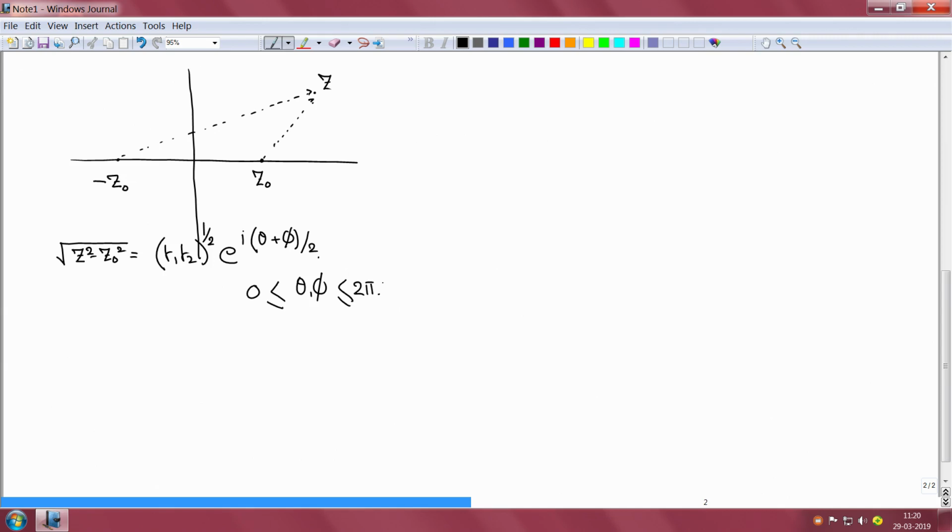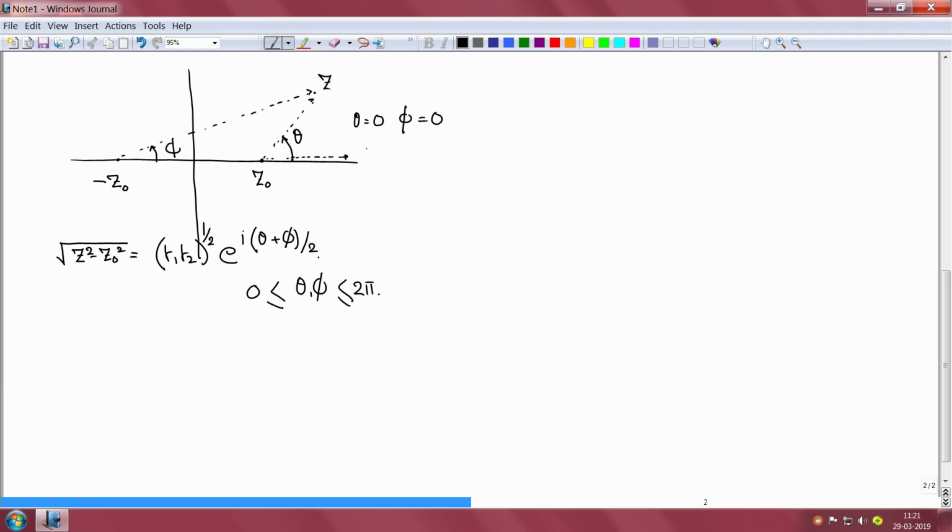Now let us see, if we begin here, if my z is very close to the real axis from above, then theta is measured this way and phi is also measured this way. So here theta is equal to 0, here phi is also equal to 0.